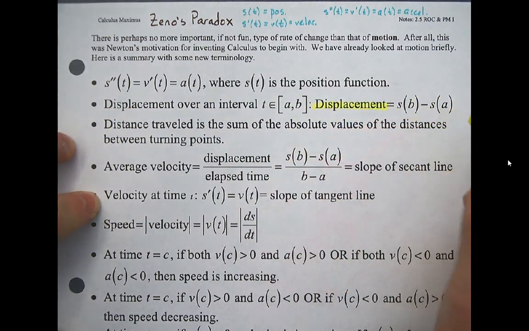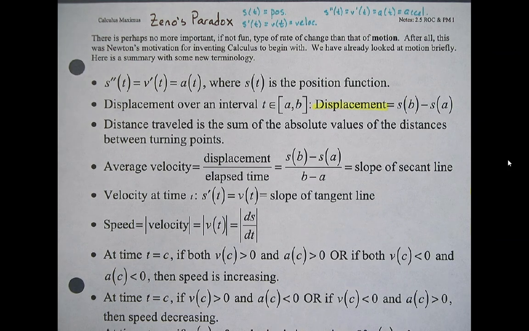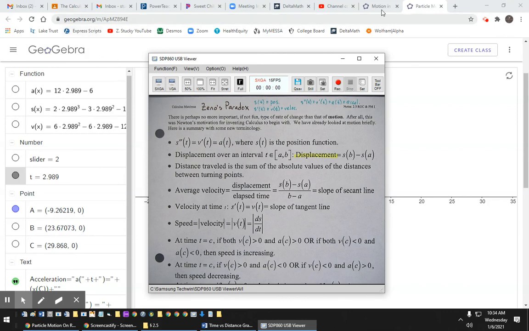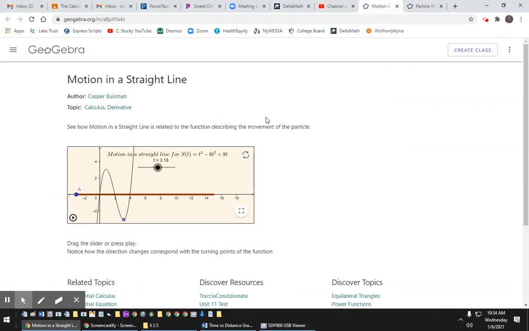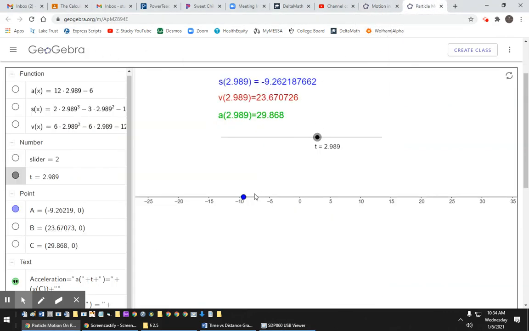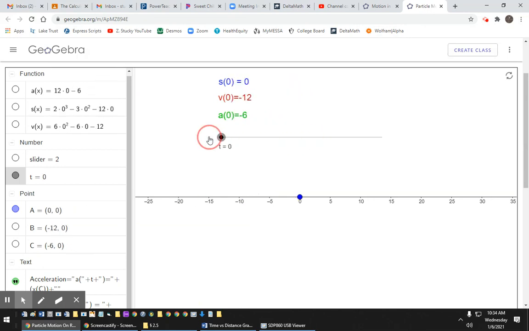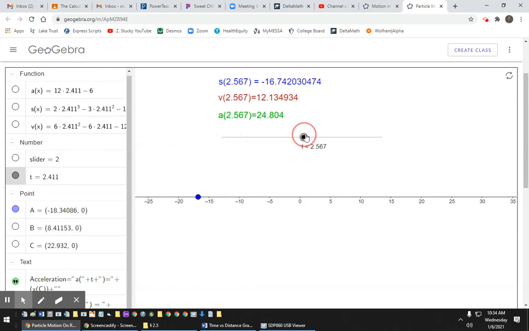Displacement. This is how far from beginning to end you've moved. So if I go back to my picture, displacement is represented by, from 0 seconds until basically 3.3 seconds, you have moved 0.